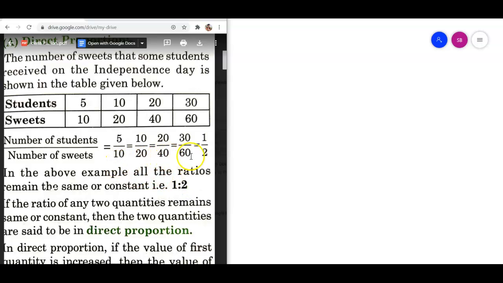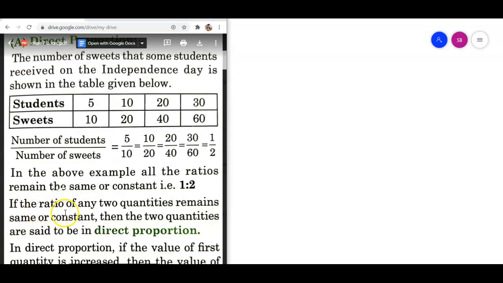Now, all the ratios, 5 upon 10, 10 upon 20, 20 upon 40, 30 upon 60, all these ratios remain the same, and the ratio is 1:2. See, this is very important for you all to learn. If the ratio of any two quantities remains same or constant, any two quantities.